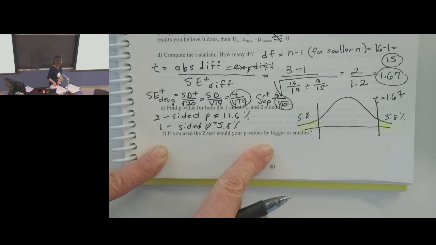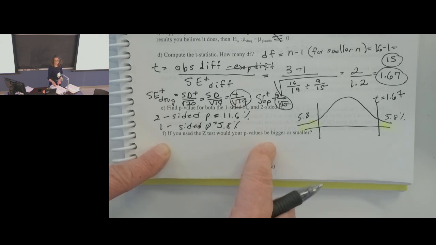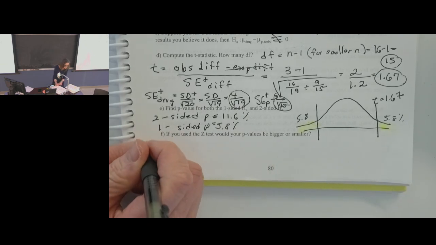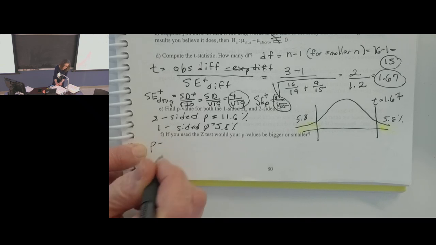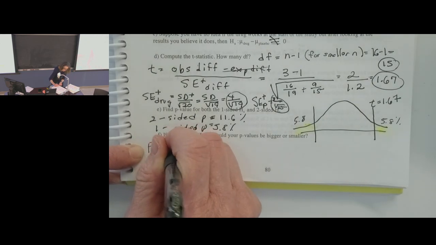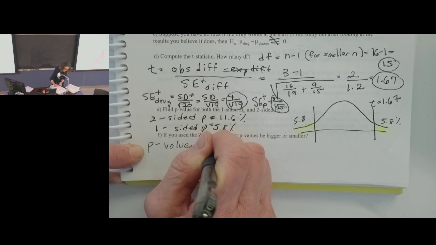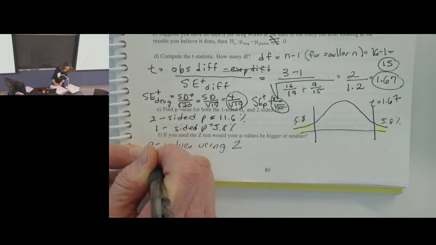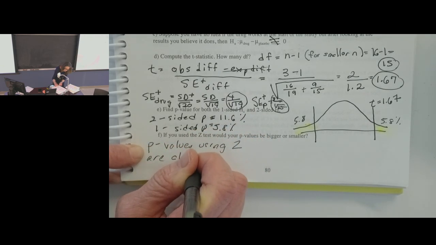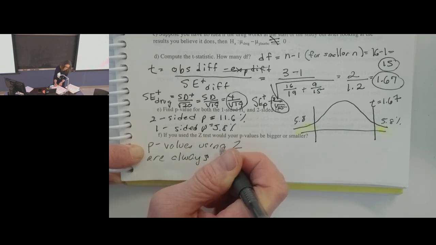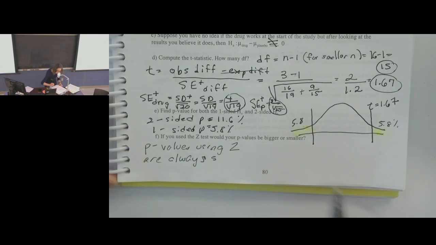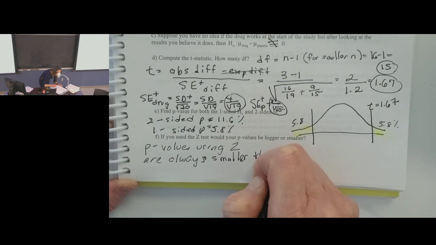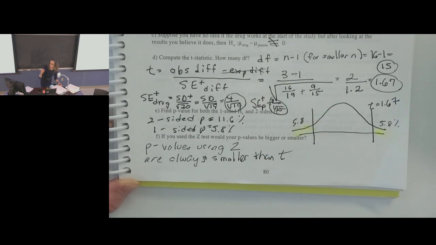If you use z, would your p-values be bigger or smaller? It's always smaller. P-values using z are always smaller. Why? You know why? Because t has fat tails, and the p-value is how much it's in the tails.